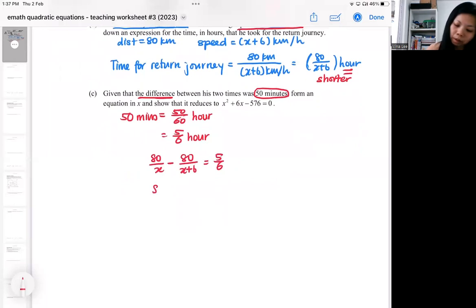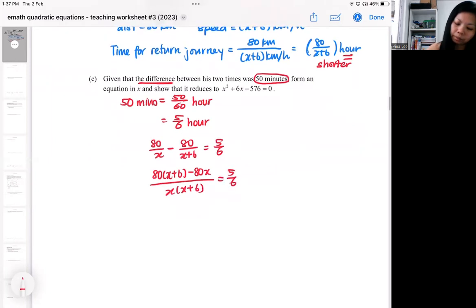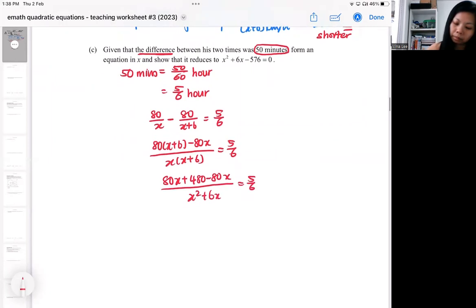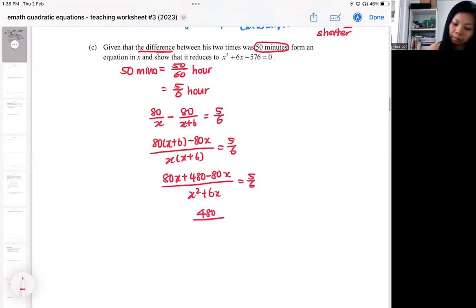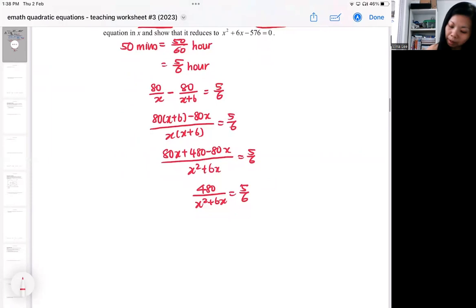And same thing, you will also try to make the same denominator so that you can subtract, so that you can make it into a single fraction. Okay, so cross multiply.